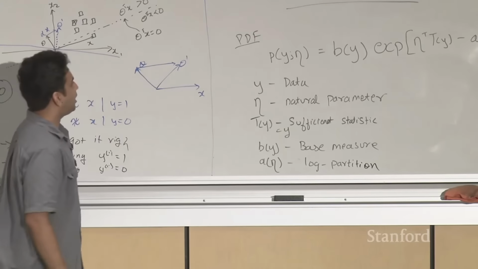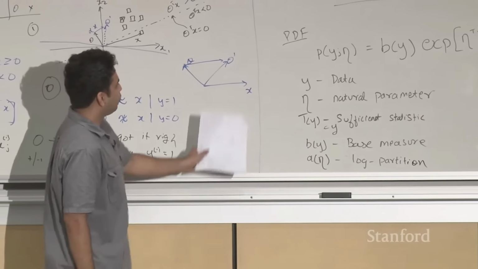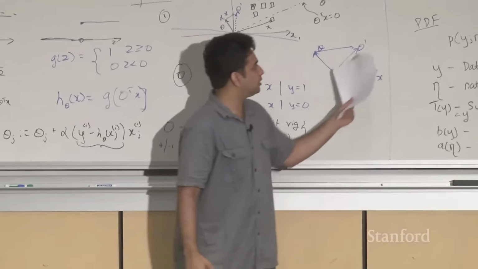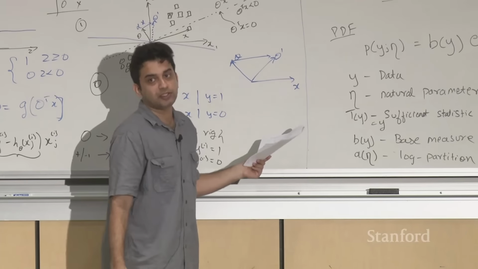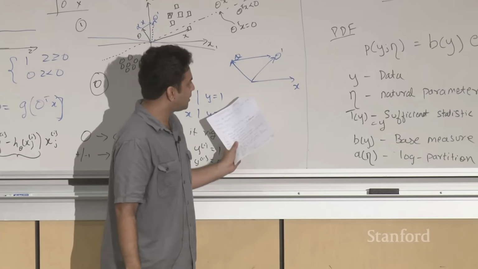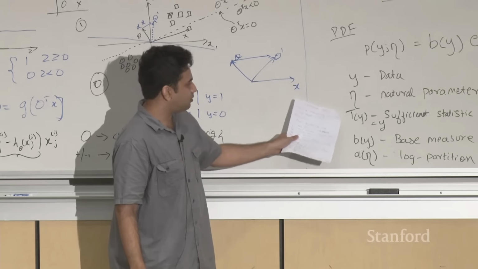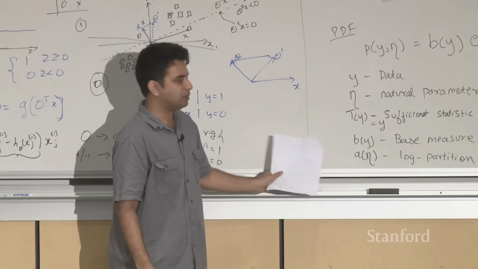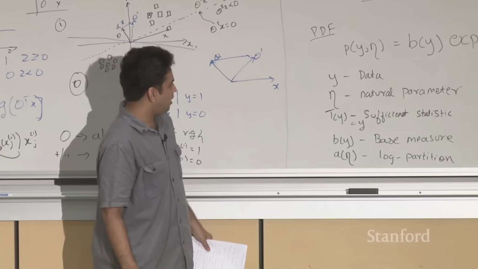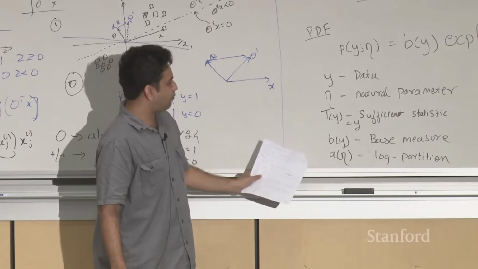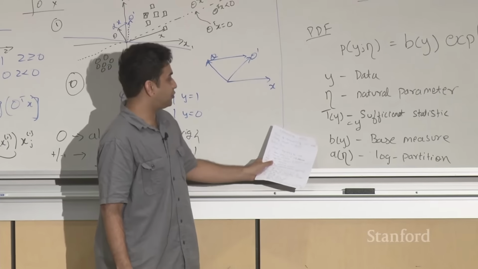Again, y is the data that this probability distribution is trying to model. Eta is the parameter of the distribution. T of y, which will mostly be just y. Technically, T of y is more correct. B of y is a function of only y.